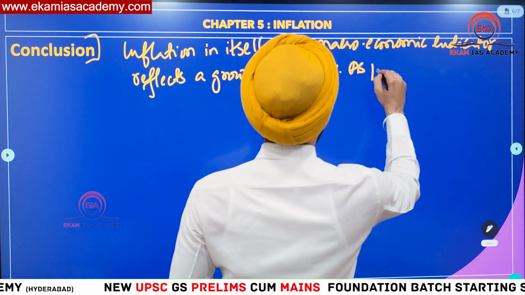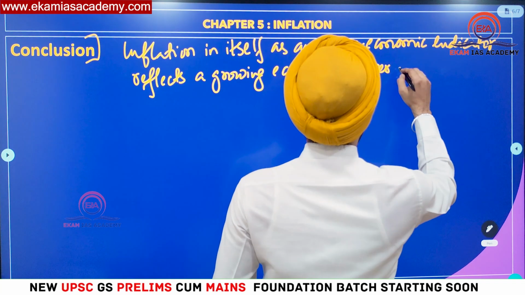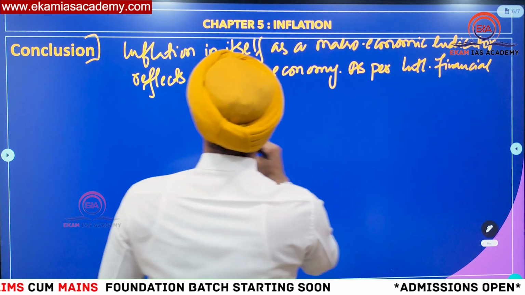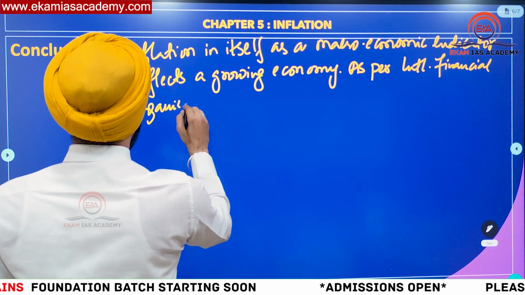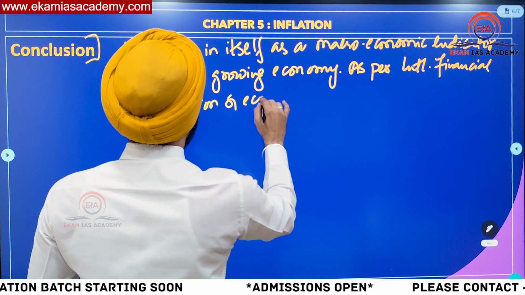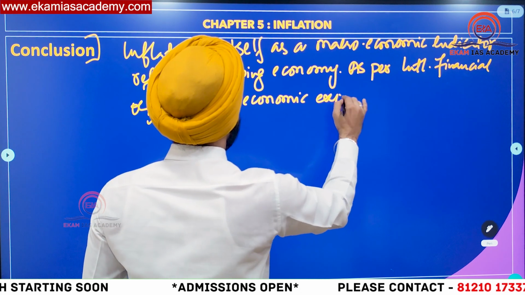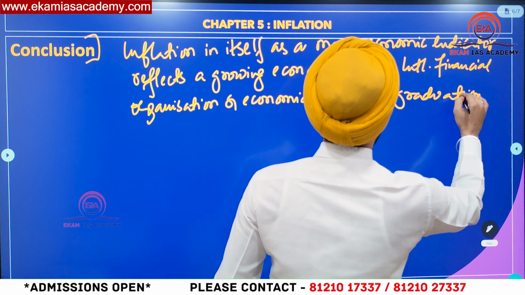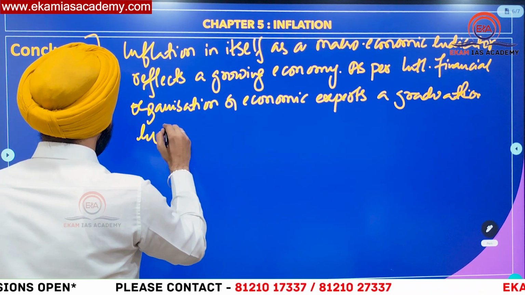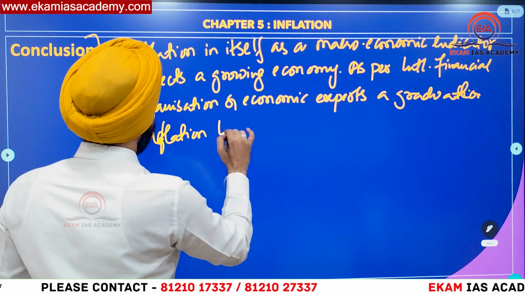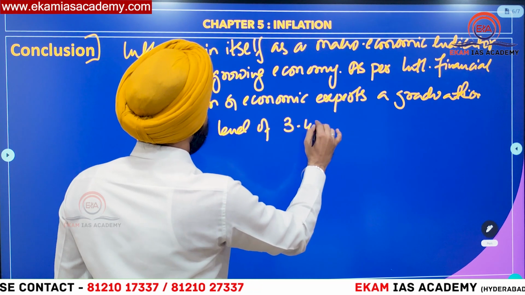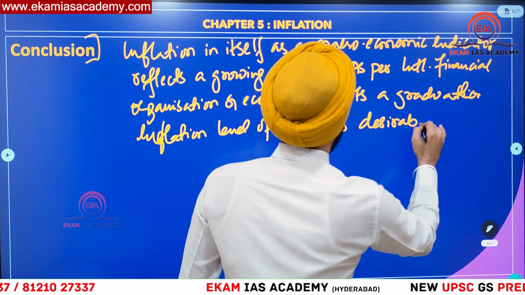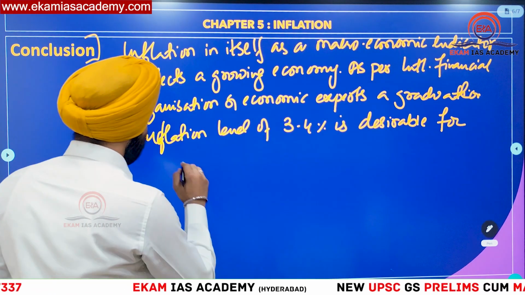As per international financial organizations and economic experts, a gradual inflation level of 3 to 4% is desirable for sustained growth.